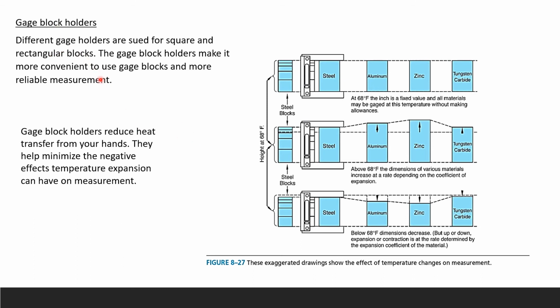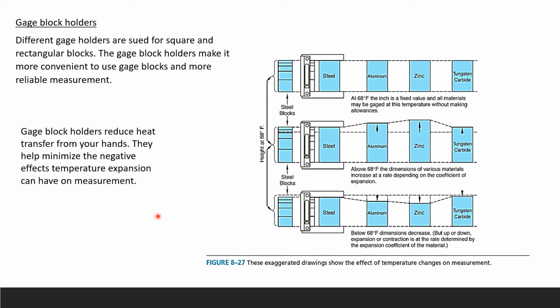So different gauge block holders are used. Again, this is wrong, it's supposed to be used again. So used for square and rectangular blocks. The gauge block holders make it more convenient to use gauge blocks and give more reliable measurement. What they do is reduce heat transfer from your hands, because your hand is not touching the blocks, so you can get rid of the heat from your hands by using the holder.